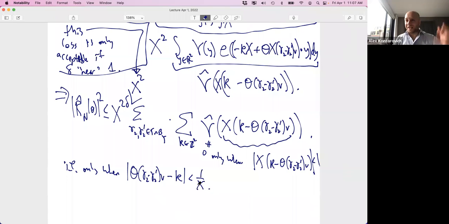Now 1 over x is tiny. X is root n or something. So how many values of k can occur?